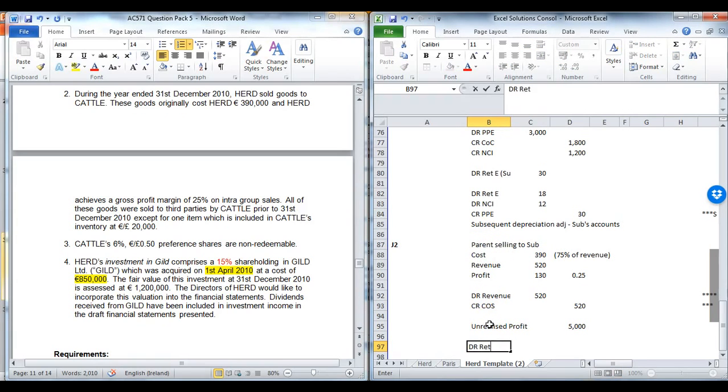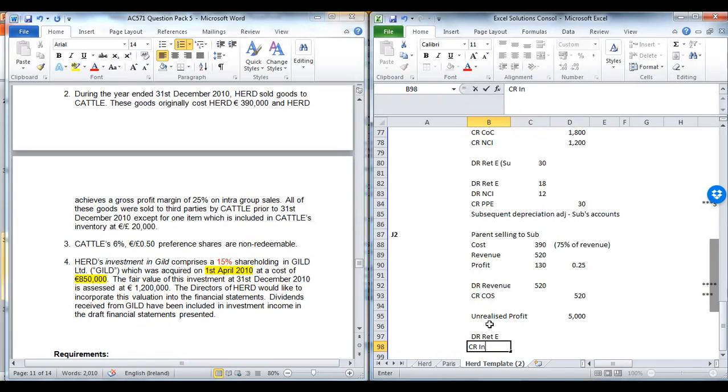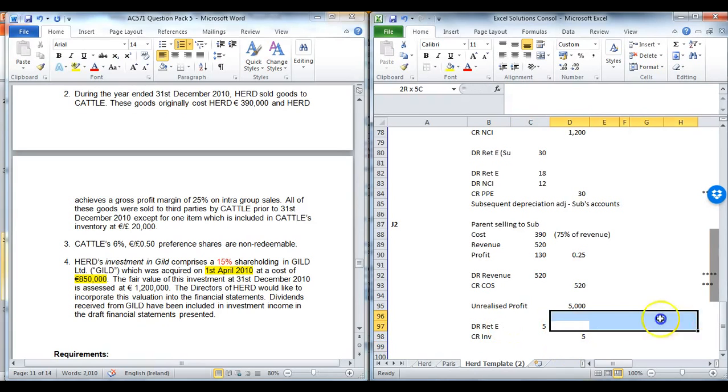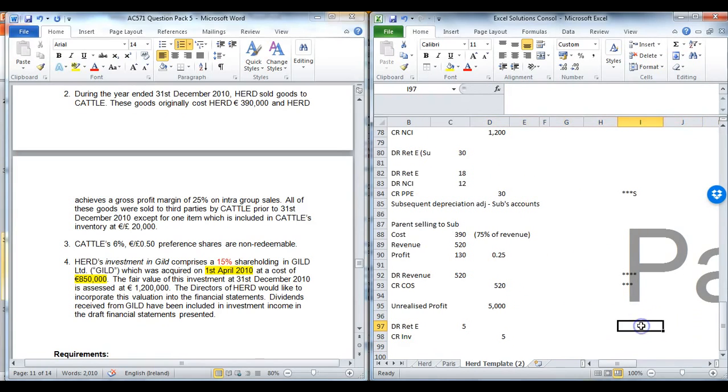So all you have to do is debit retained earnings, credit inventory. You don't need to worry about the sub because it's sitting in the parent's accounts. So we'll just put 5 here, as again, we strip out the thousands. And don't forget then to put a star here because the retained earnings also goes to the SPLOCI because the sale was during the period.